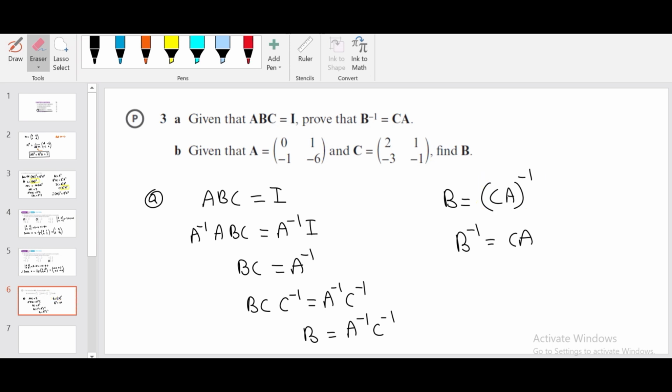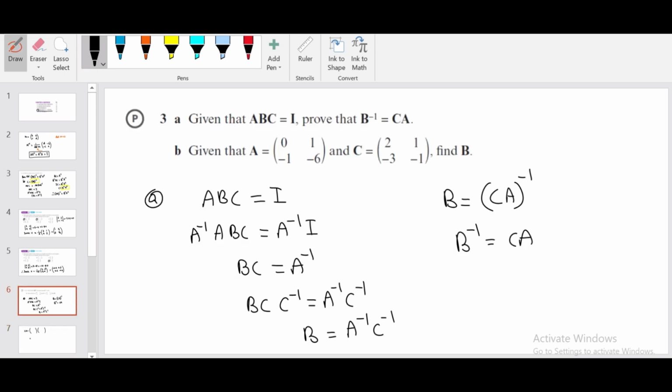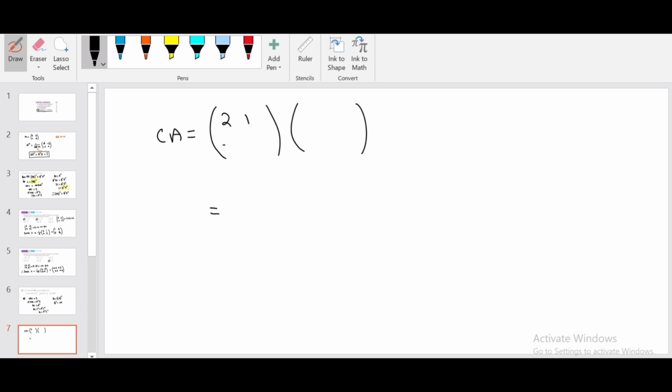So I'm going to write it in the next slide. CA is equal to the C, which is 2, 1, minus 3, minus 1, and then A is 0, 1, minus 1, minus 6. Can you tell me what you get when you multiply them?